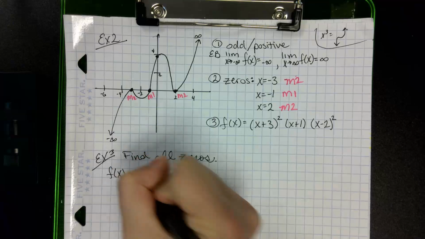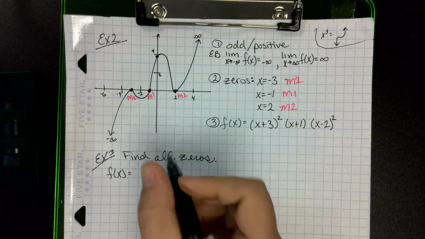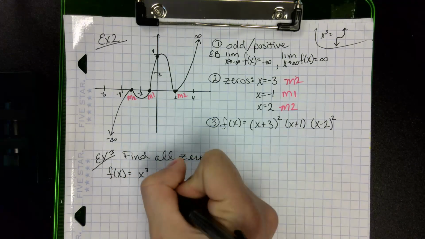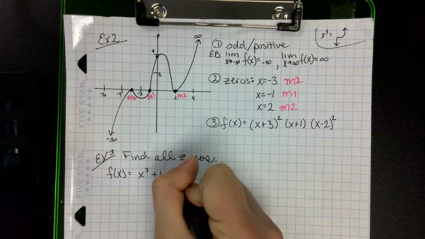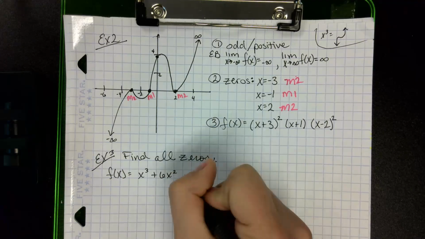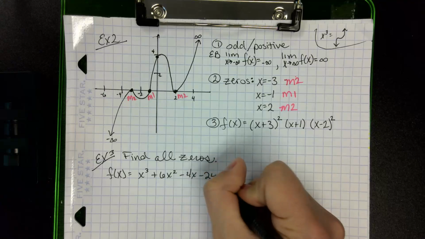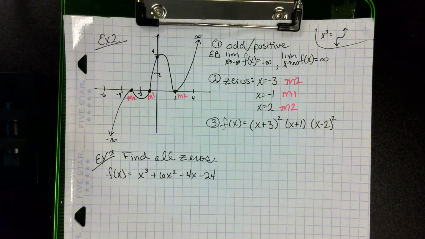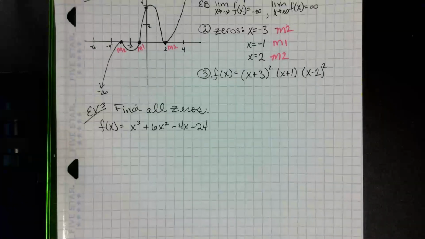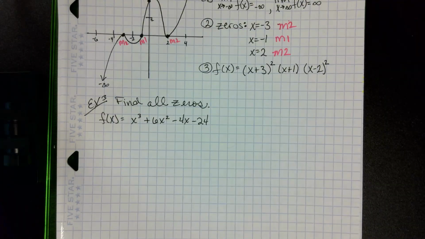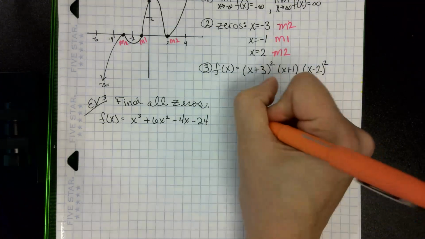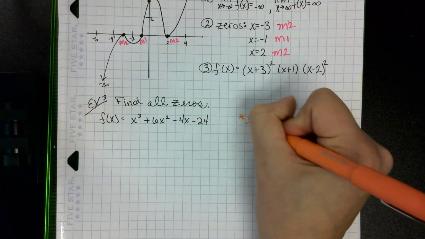So if it gives you f of x equals x to the third plus 6x squared minus 4x minus 24, then you're told to find the zeros. Factor and solve should be your automatic go-to for this. I have 4 terms though, so that means I'm going to factor by grouping.